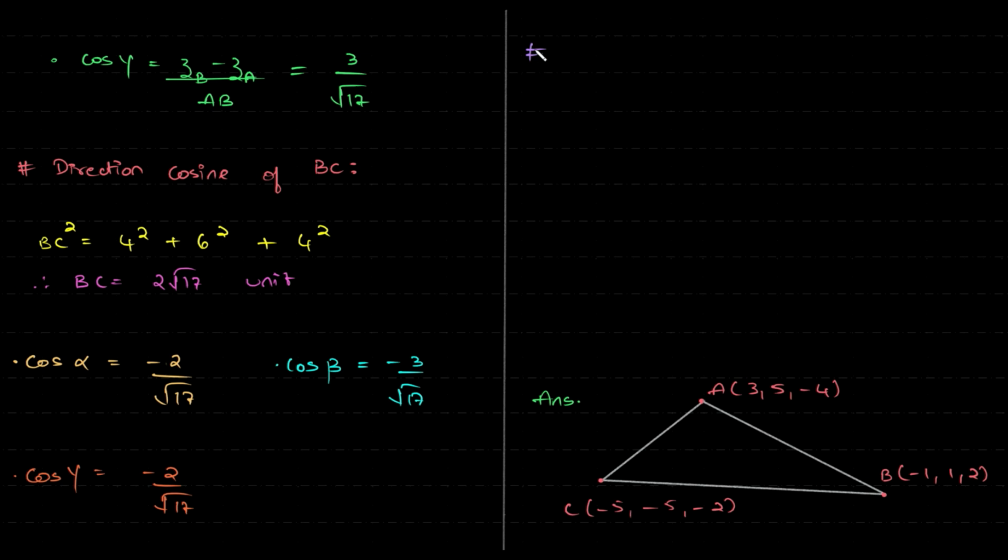And finally, we have the direction cosines of AC. So AC square is equal to 8 square plus 10 square plus 2 square.